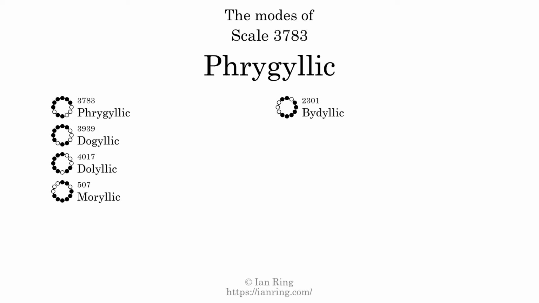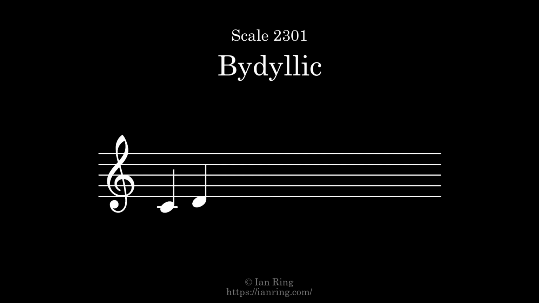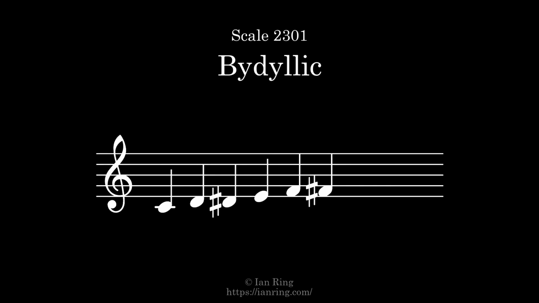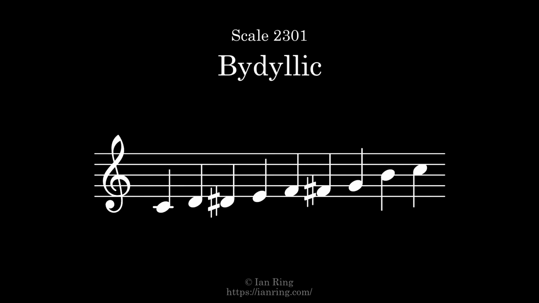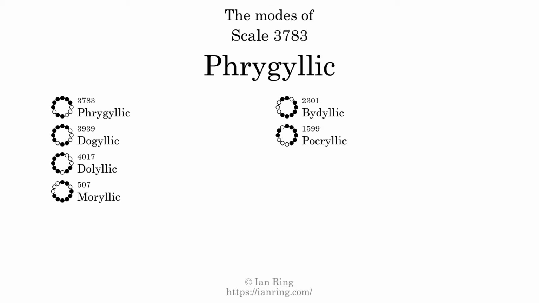The fifth mode is scale 2301. Also known as Phrygyllic. It sounds like this. The sixth mode is scale 1599, also known as Phrygyllic. It sounds like this.